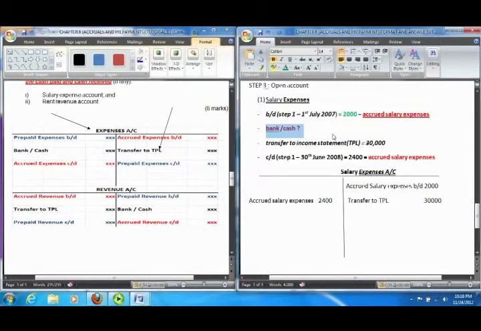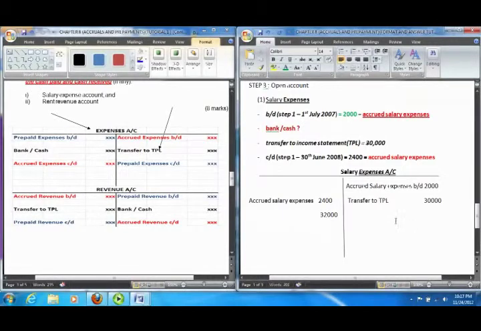Alright, next class. Remember, all this settle. You still need to find your bank and cash, because for a complete account, you need to have your BD, bank and cash, TPL, and your CD for this question. Alright, class, as you can see, now which side is bigger? On your credit side, the total amount is only 2,400. In your debit side, the total amount is 32,000. So class, you need to choose which amount is bigger.